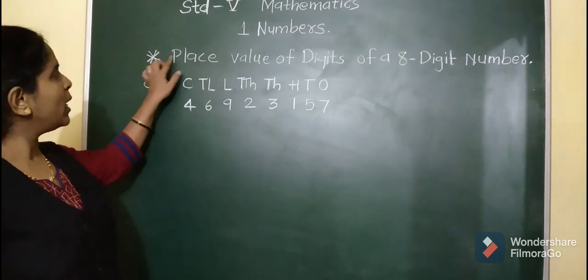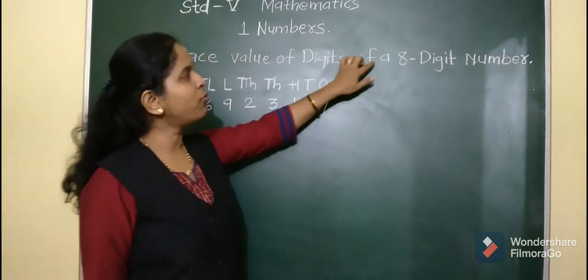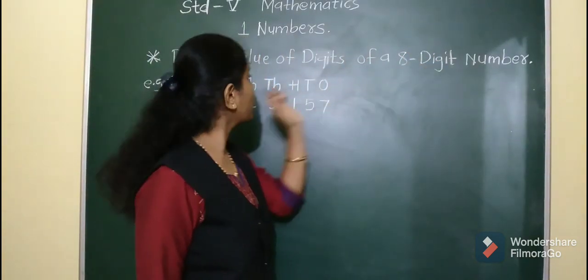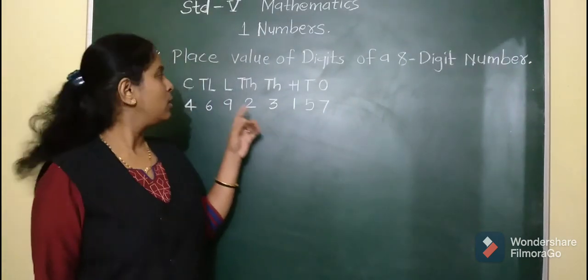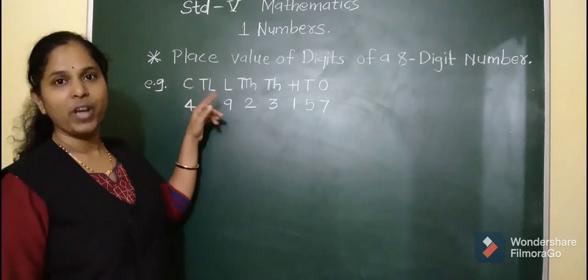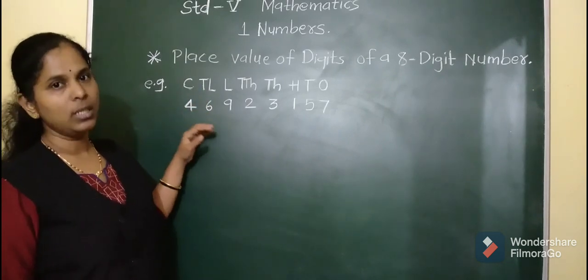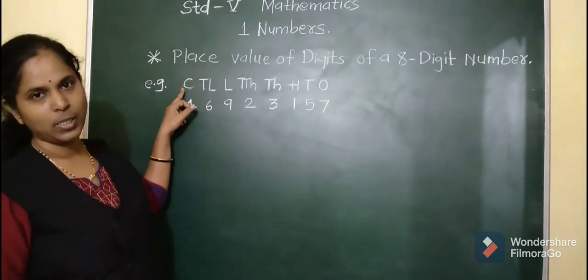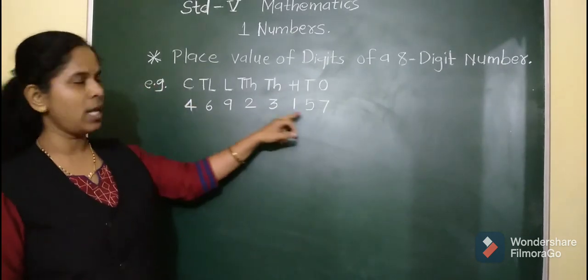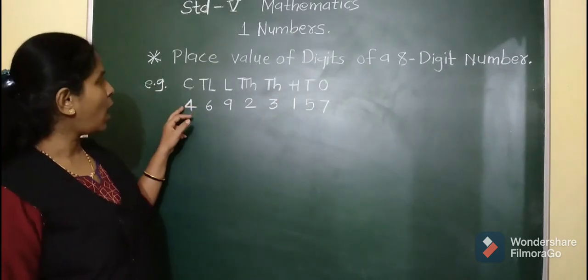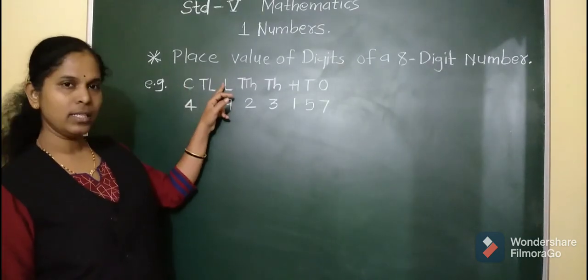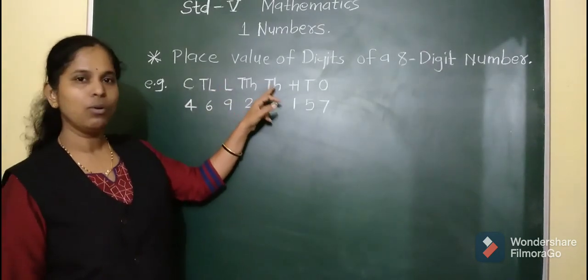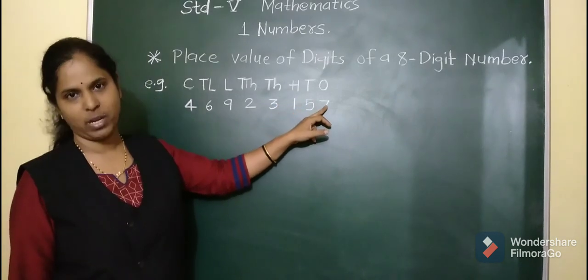Next is place value of digits of an 8-digit number. Now a 7-digit number starts with the 10 lakhs place, whereas an 8-digit number starts with the crores place. Here I have written one example. See how to read the number: 4 crore 69 lakhs 23,157.